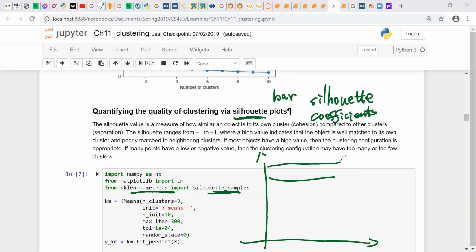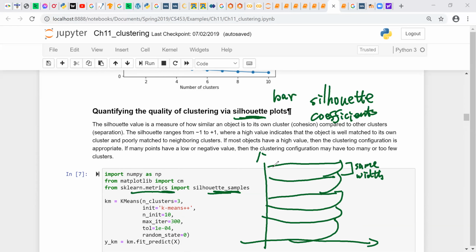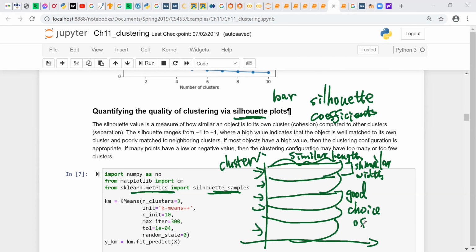You remember, if all of your clusters have similar width, not the same, similar, and similar length, then each individual cluster, and the data distribution within the cluster, if the silhouette looks something like this, then it's a good choice of clusters.